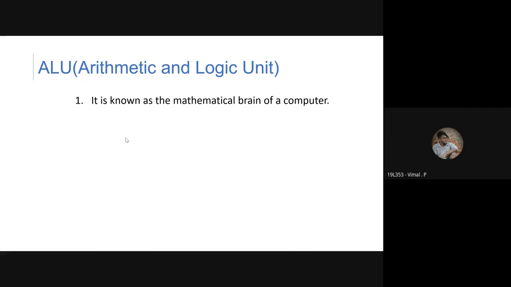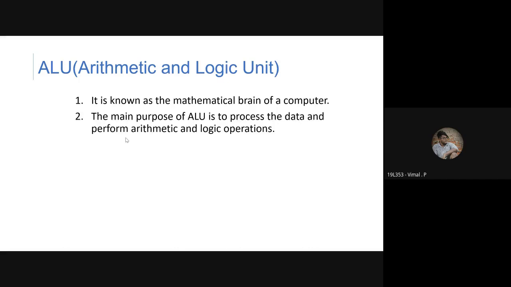Can anyone say why we say the ALU is the mathematical brain of the computer? First, ALU means arithmetic and logic unit. In the ALU, what task do we perform? We perform arithmetic operations in our ALU. Arithmetic operations mean mathematical tasks. So we say that the ALU is the mathematical brain of our computer.